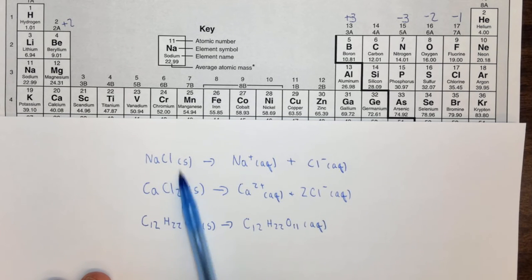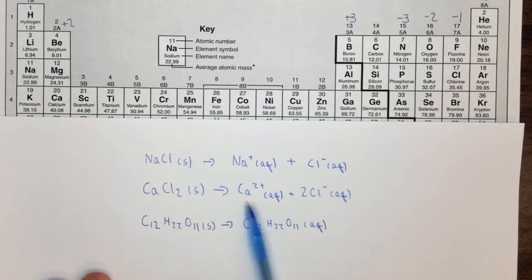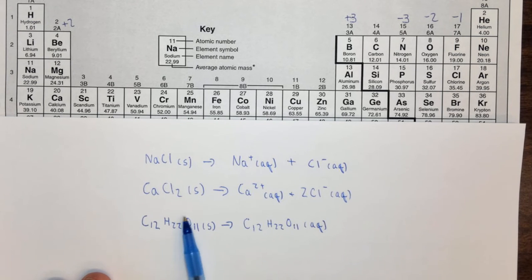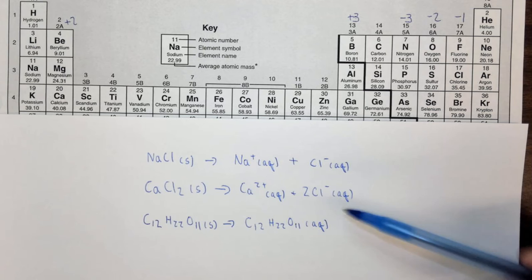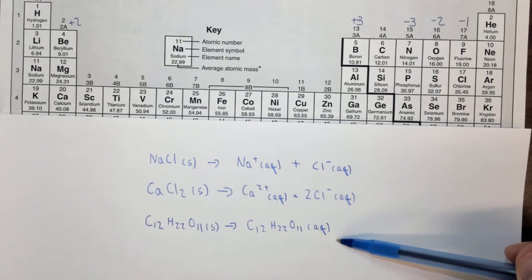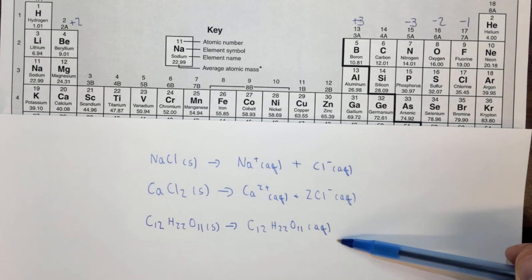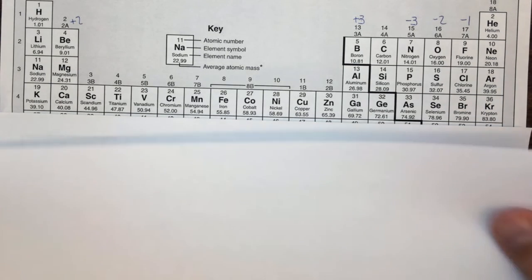Ionic compounds break up in water to form the stable ions, but covalent compounds, like sugar, which does not contain a metal, so therefore is covalent, do not break up in water. So therefore, they just become aqueous if they dissolve in water. This is not to say that everything dissolves in water, but if it does dissolve, ionic compounds do this, and covalent compounds do this. And we'll talk about this more later in the course. I just thought it was a good opportunity to give an introduction to this material.